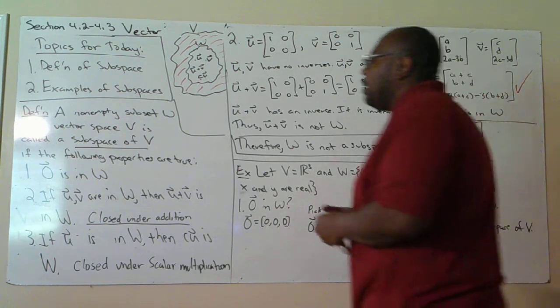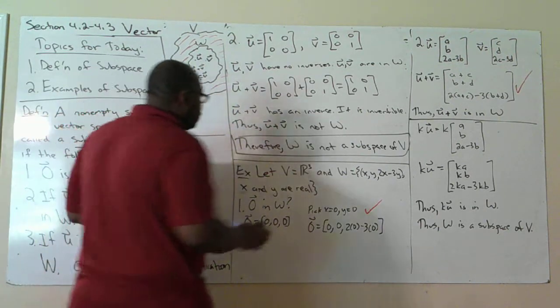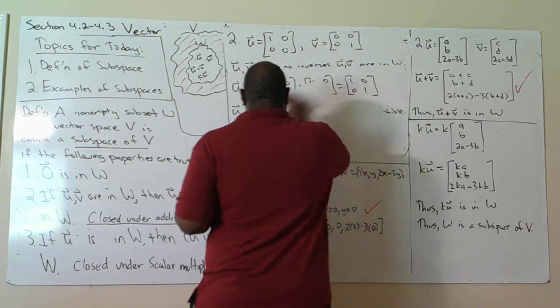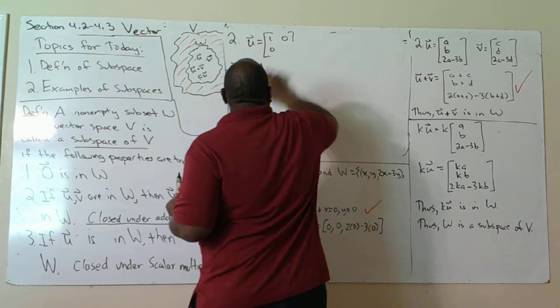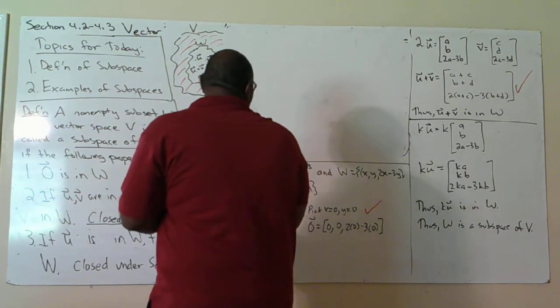Let's write it in vector form so you guys can see this. This is not the way we usually write it, but I'm going to write it the way they have it.